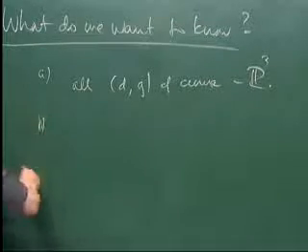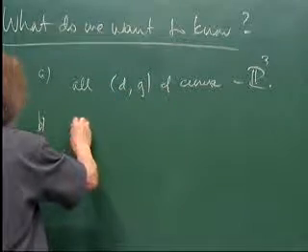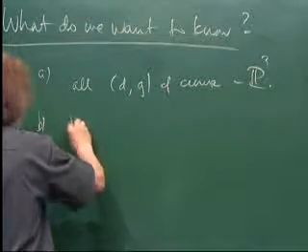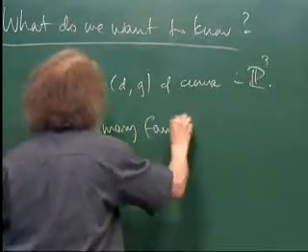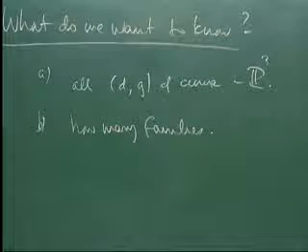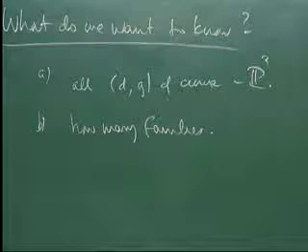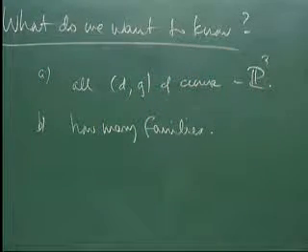Secondly, among all the curves of degree d and genus g, we'd like to know how many distinct families there are. You see, they form families, but it doesn't necessarily mean that for a given degree and genus, there will be one big irreducible family. Not at all. And Noether was perfectly aware of this.